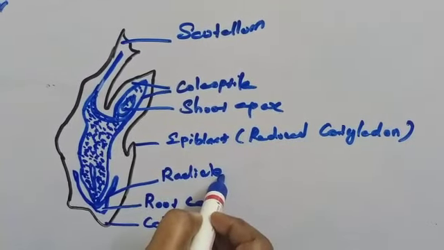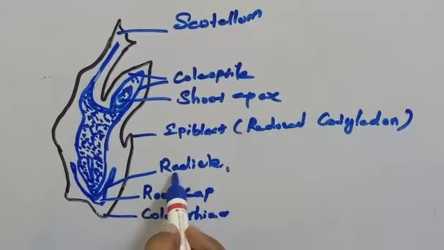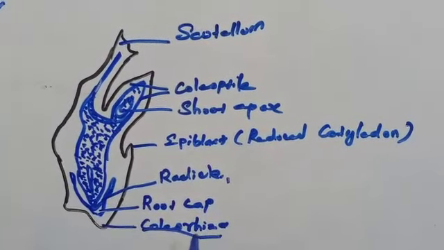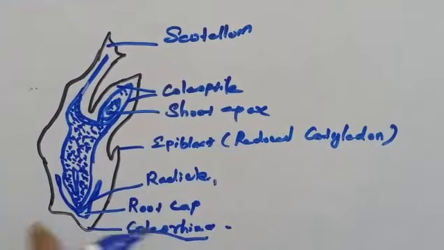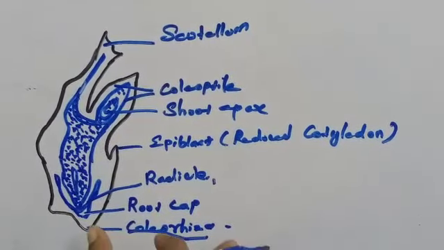Radicle, and the root cap you can also see. This radicle and root cap are enclosed by the coleorhiza, which is an undifferentiated sheath.